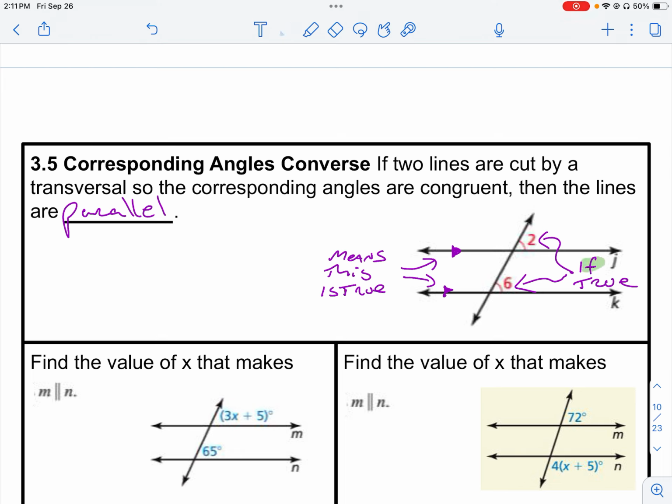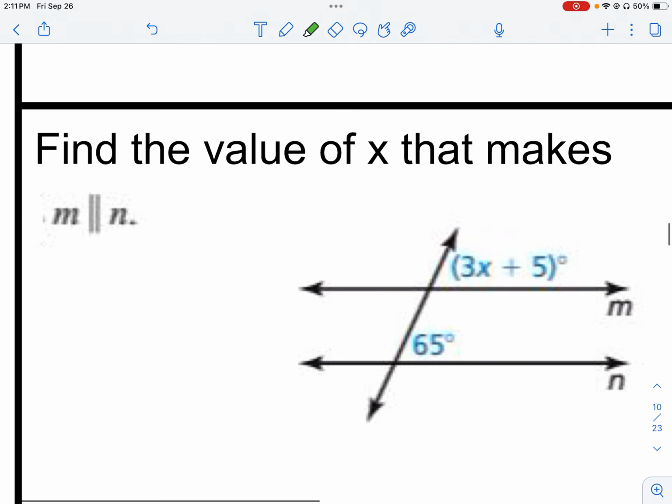So if this, then this. So if we start with the angles, we know about the lines. If we know about the lines, then we know about the angles. So let's do some examples with some problems and see how this helps us.